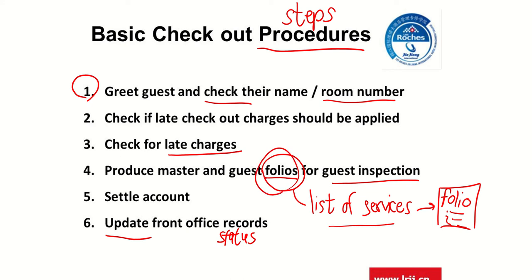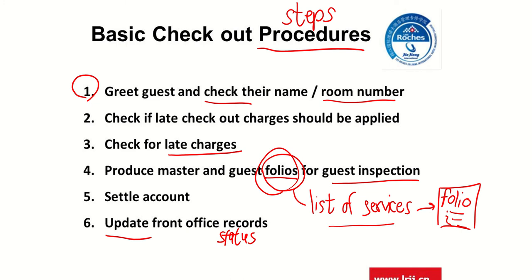Let guests take a look through the folio and you do the bill settlement. Then update the front office record with the housekeeping department. And actually, it seems everything is done right after checking out, after guest payment.